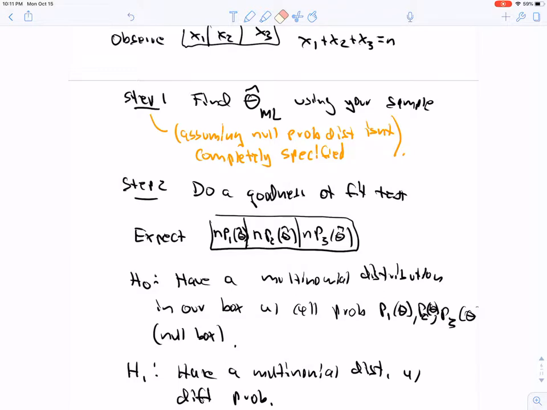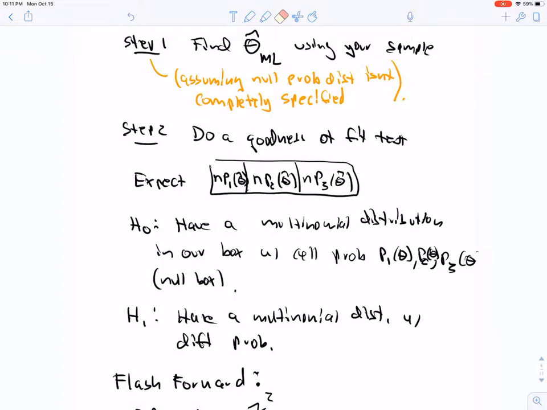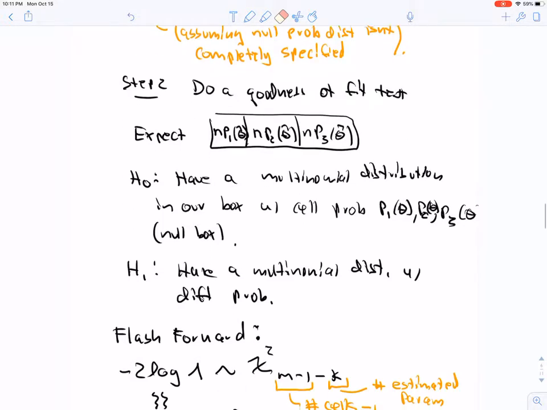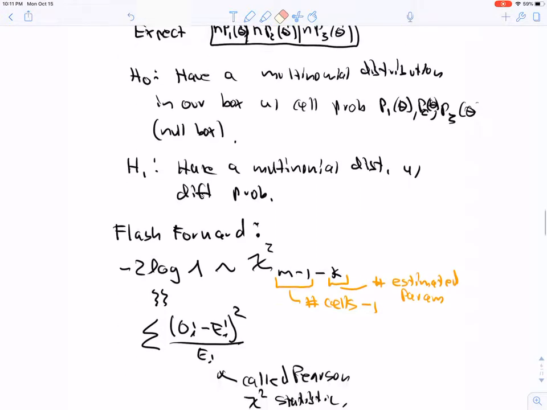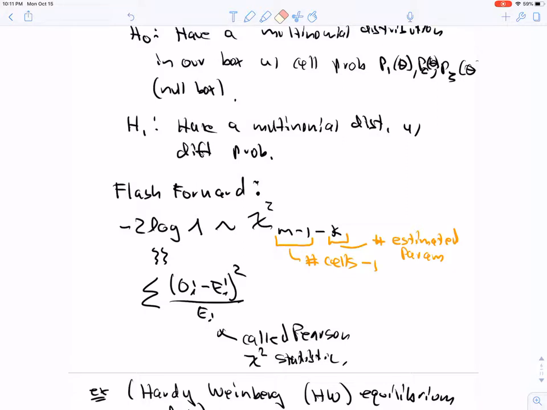Step 2, we're going to do a goodness of fit test. So we need to find an expected table, and we write our null and alternative hypotheses. And flashing forward, minus 2 log lambda.